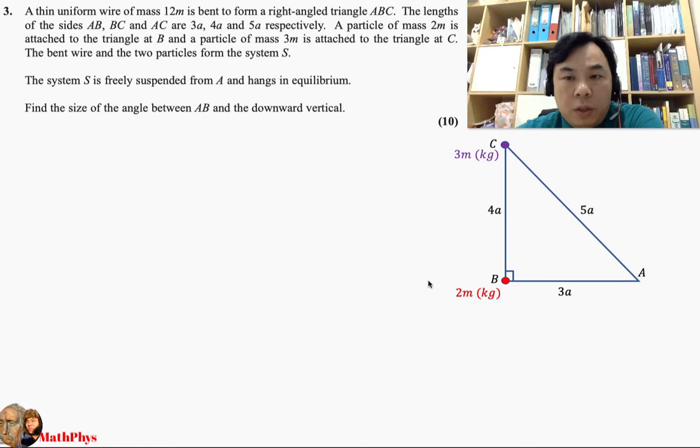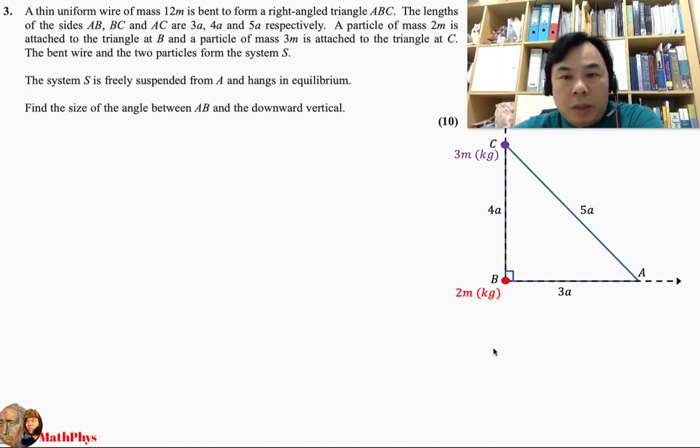Now, of course, as usual, we're going to set up the same reference frame, in such a configuration where B will be treated as the origin. Just as an assumption, we may not know exactly where the center of mass for this rigid body is located, so let's look at our assumptions.